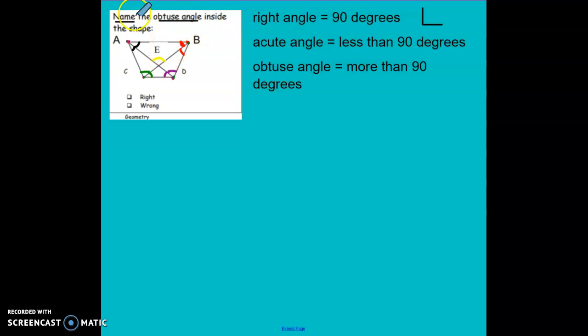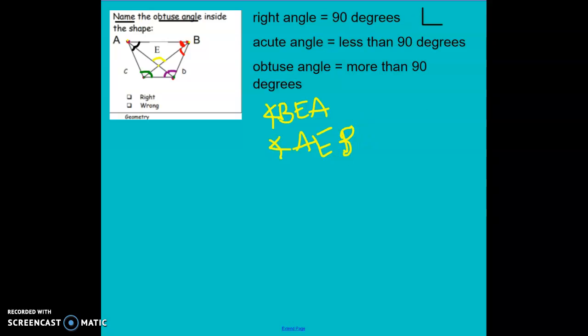Alright, so how am I going to name this obtuse angle? The first thing you have to do is write the angle symbol, and begin. You can either begin with B or A. Just make sure the E is in the middle. So I'm going to write angle BEA, or angle AEB.